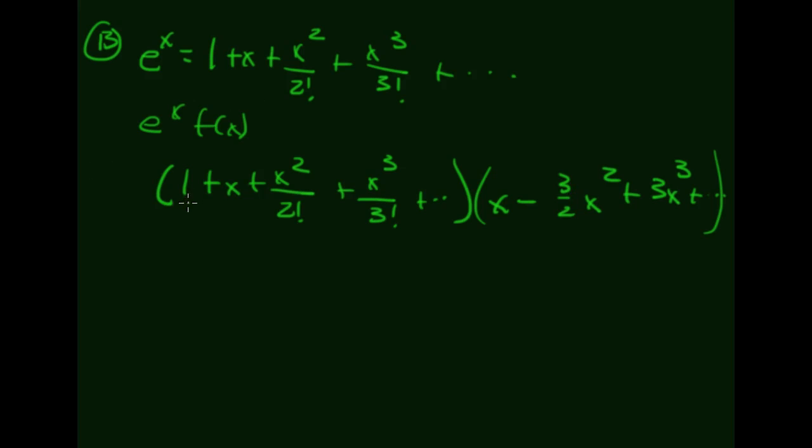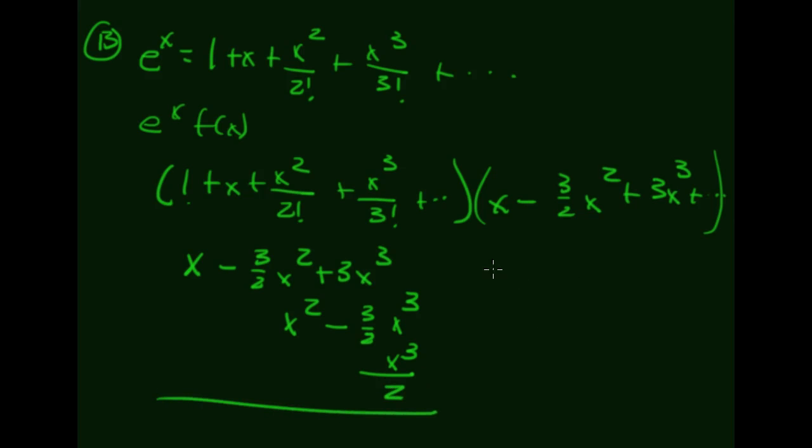So distribute the 1, gives you x minus 3 halves x squared plus 3x cubed. Distribute the x, you're going to get x squared minus 3 halves x cubed. Distribute the x squared, you're going to get x cubed over 2, right?